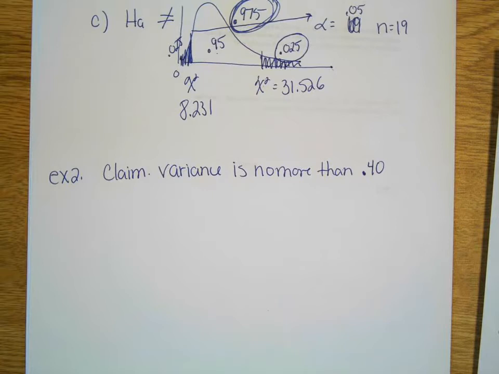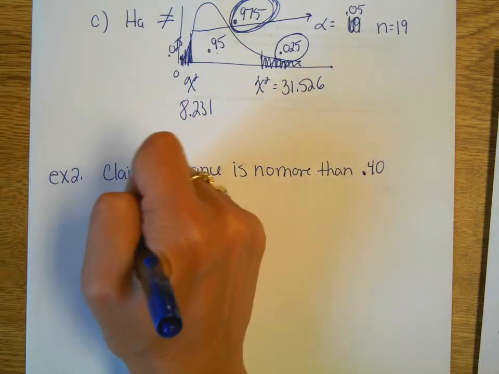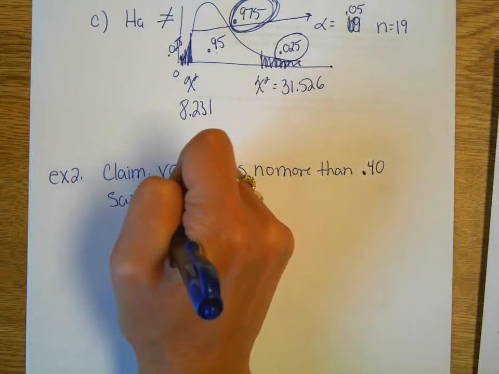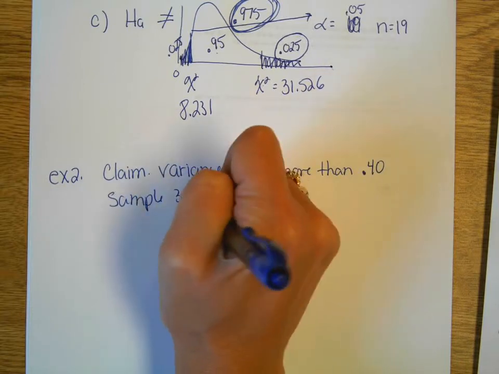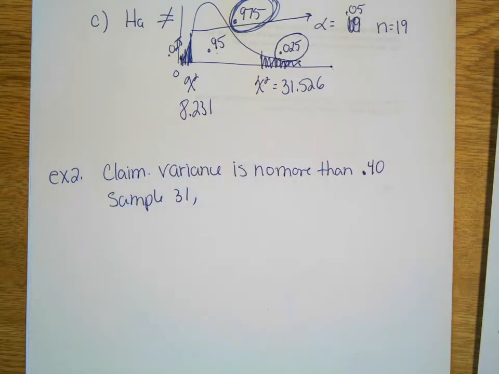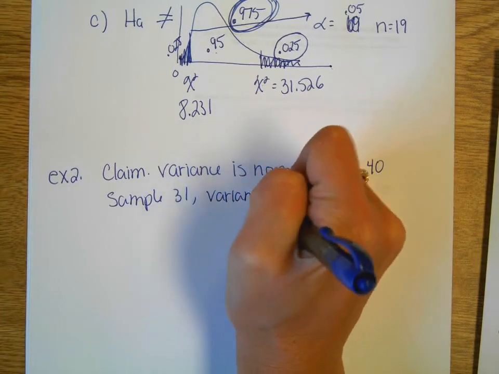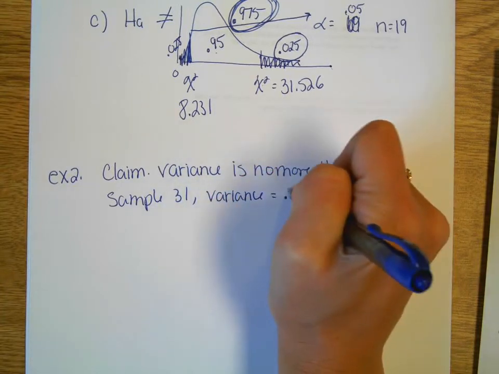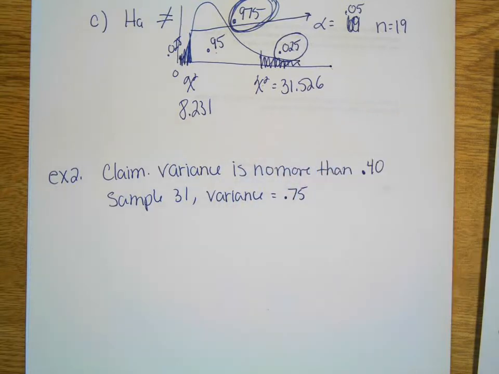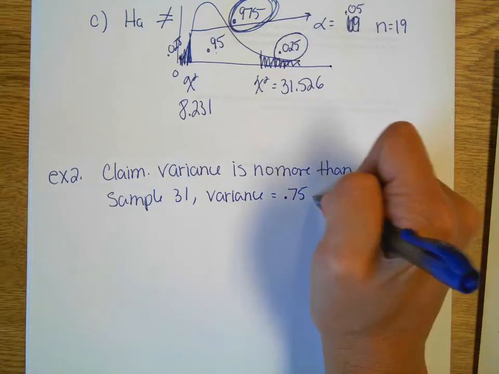A random sample of 31 bottles had a variance of 0.75. Test at 1%.